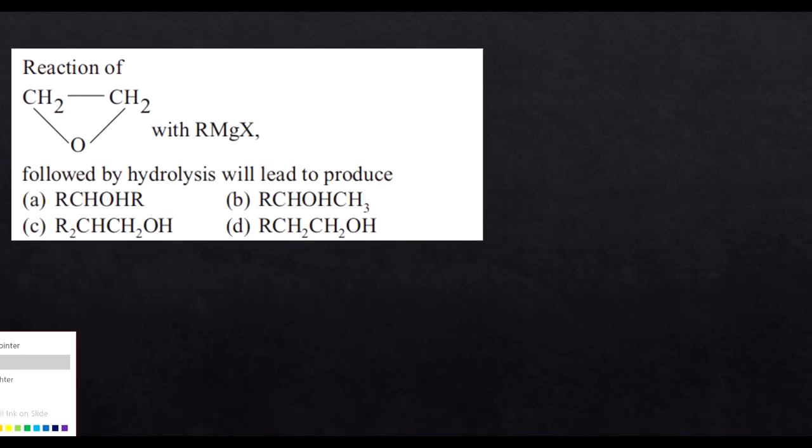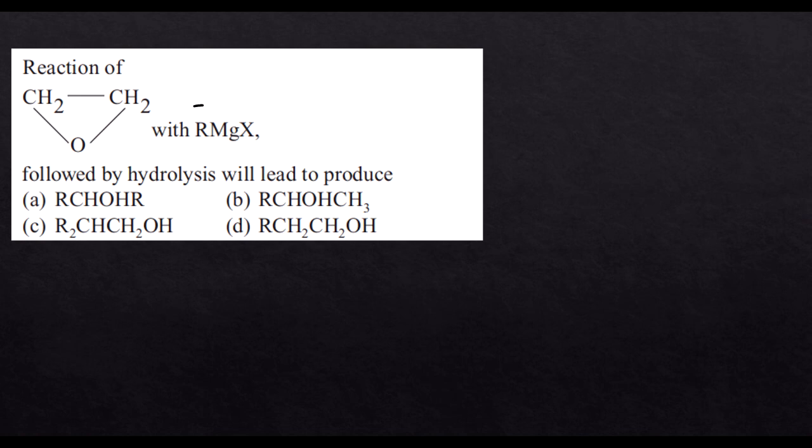In our next question, we have the reaction of Grignard reagent. When Grignard reagent is reacting, basically that alkyl group has a partial negative charge and that MgX part has the positive charge.